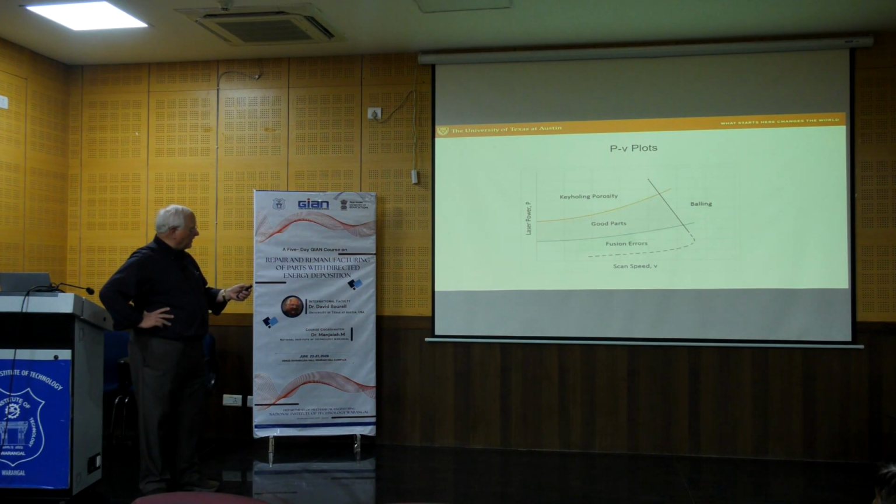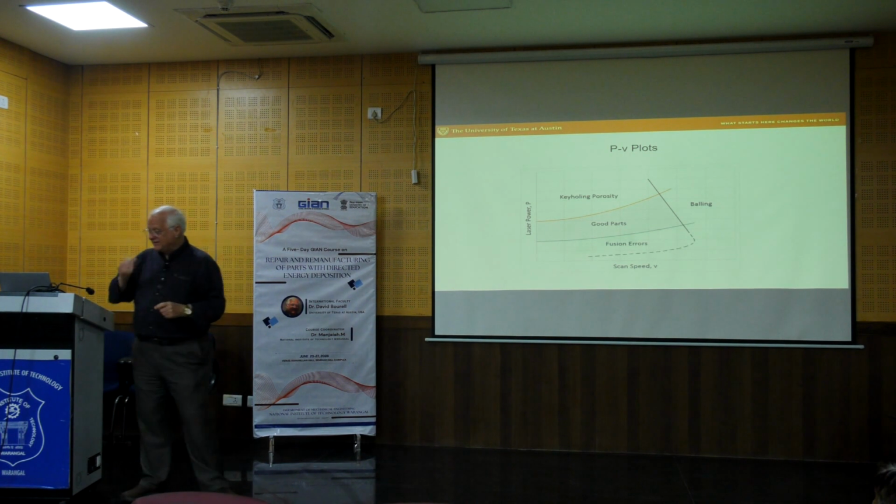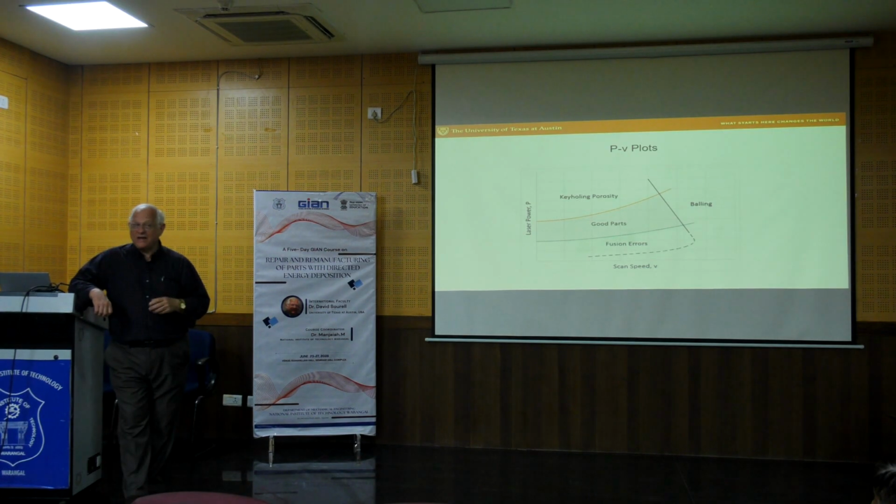So the last area is balling out here. This happens at really any power level, but at very high scan speeds. Balling is a term that I coined in 1990 in a publication. I was the first one to observe it because in 1990 there was no commercial machine available.